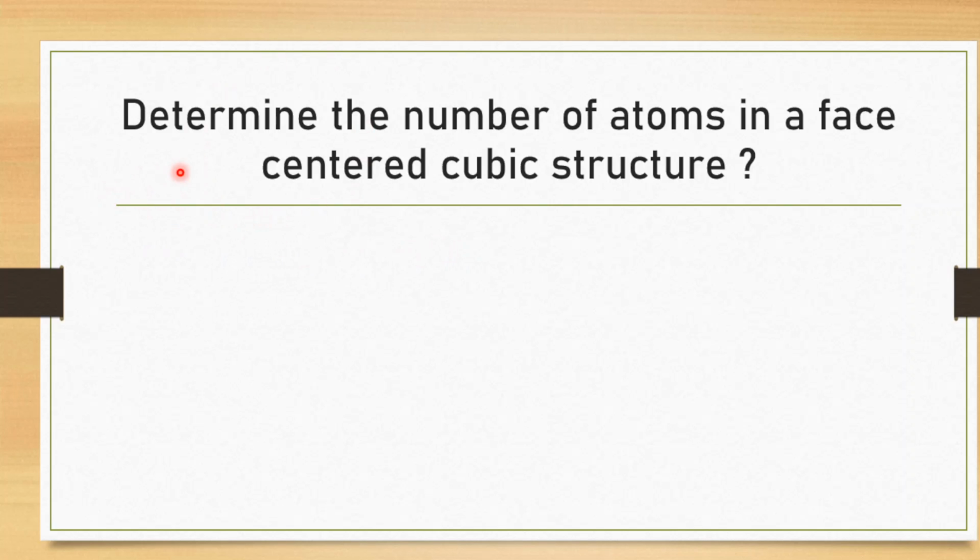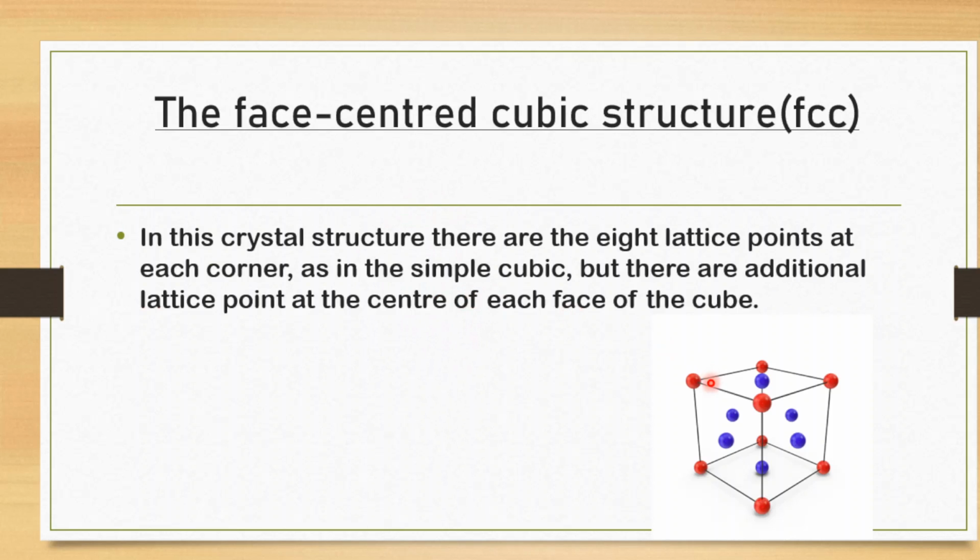Here, determine the number of atoms in a face-centered cubic structure. Number of corner atoms equals 8. 1, 2, 3, 4, 5, 6, 7, 8.